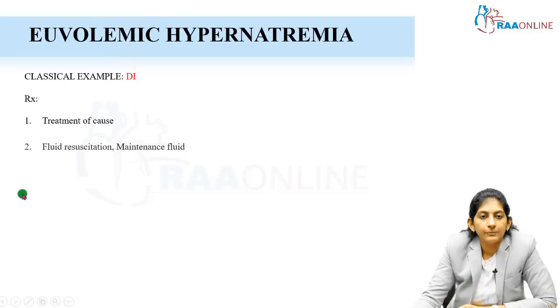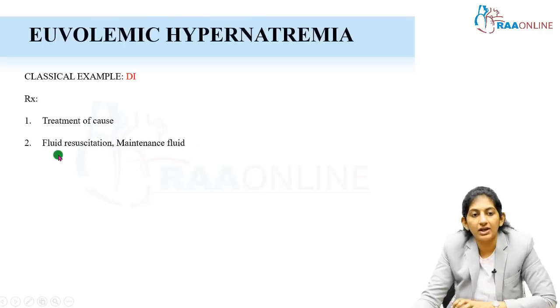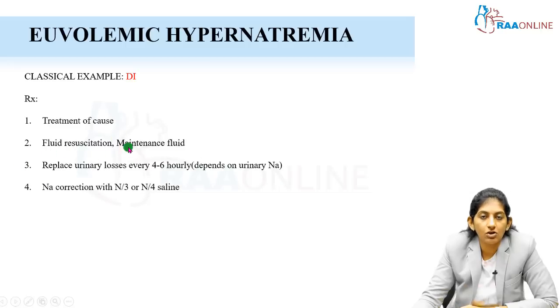In euvolemic hypernatremia, if the patient is dehydrated, then you can give fluid resuscitation or you start with a maintenance fluid. Here the replacement of the losses, wherever the loss is there, here only polyuria is there, no DI. So you replace the urinary losses every 4 hourly or every 6 hourly, depending on the urinary sodium.